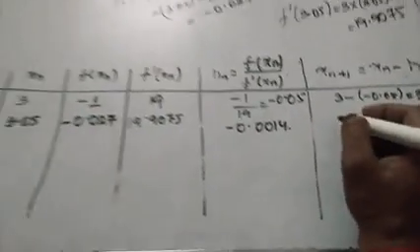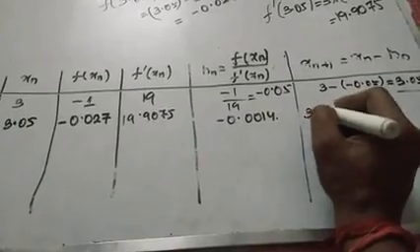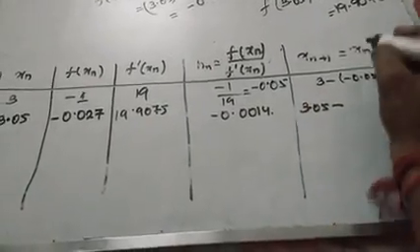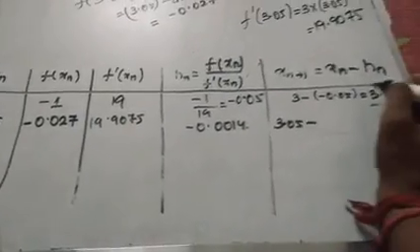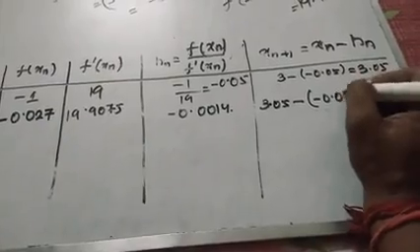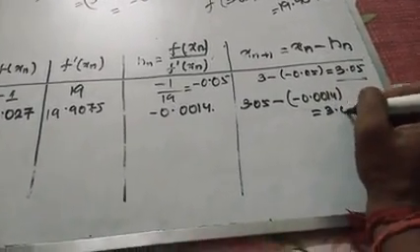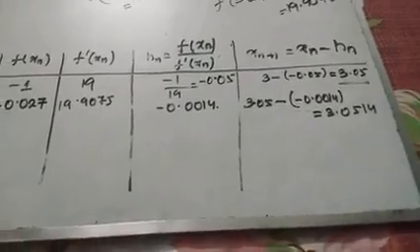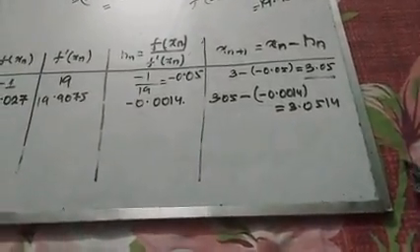What is the xn for this particular step? 3.05. 3.05 minus, as this is the formula, minus what was the hn? 0.0014. And finally after adding, what do we get? 3.0514.